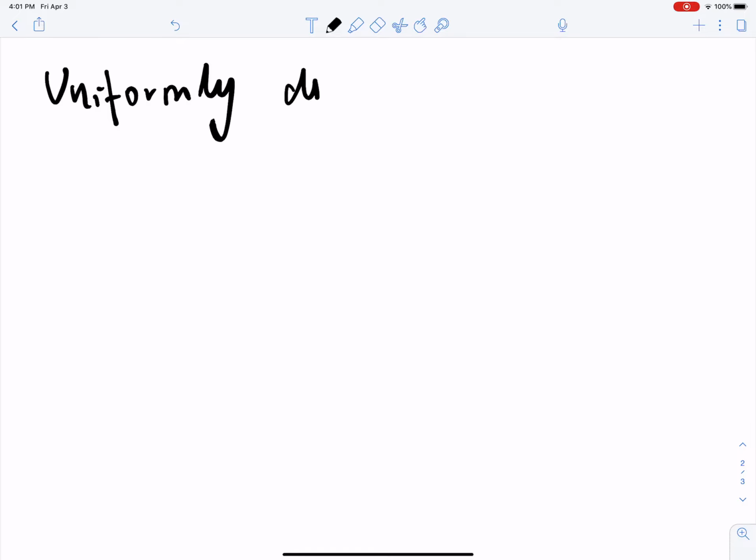All right. So back to distributed loading. Depending on the load, you're going to get a corresponding solution. And here I'm going to cover the case of uniformly distributed load.